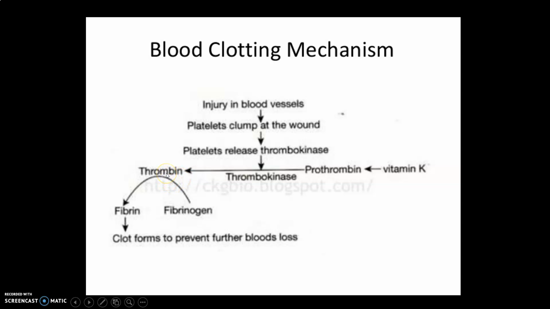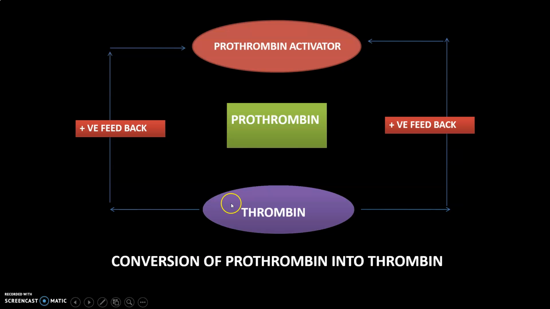Now this thrombin further helps in the conversion of fibrinogen, which is again an inactive form, and this fibrinogen is further converted into fibrin, which is a protein, and this fibrin, which is present in the form of mesh-like, thread-like structures, forms the clot to prevent the further loss of the blood.